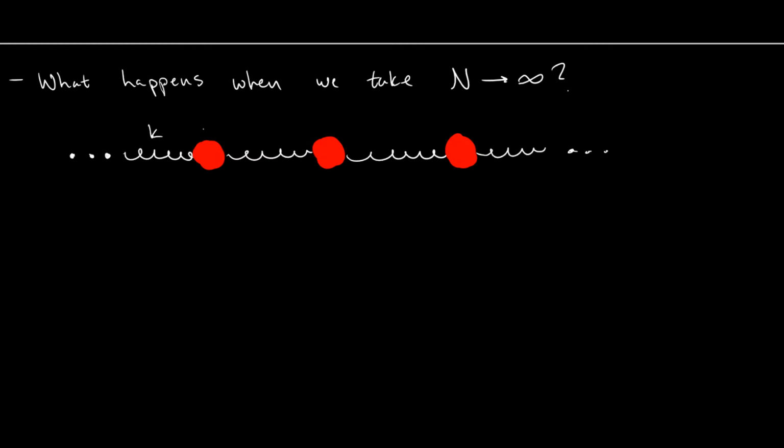Again, to keep our lives easier, we'll assume that these are all the same. All the masses are identical, all the springs are identical, all that good stuff. Again, this just keeps life easy for us. And now I'm going to call the equilibrium positions, so I'll draw these sort of offset from the locations of the masses. I'll call this x minus L naught. I'll call this x, and I'll call this x plus L naught.